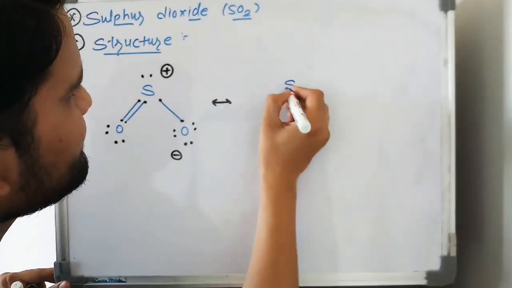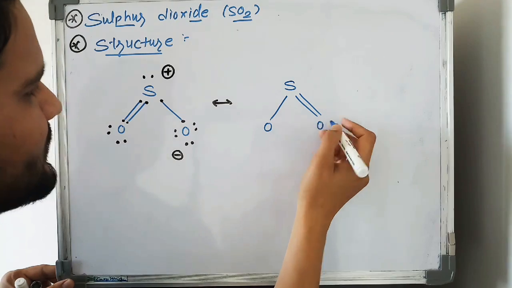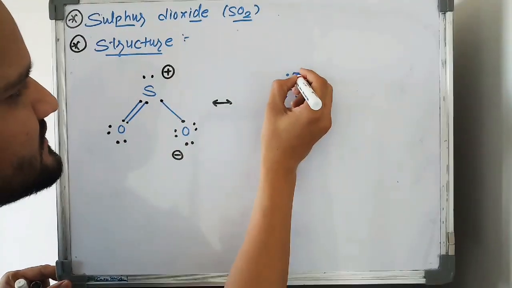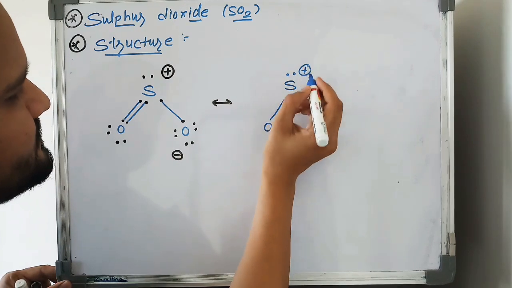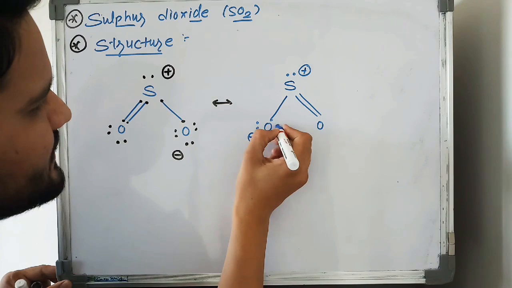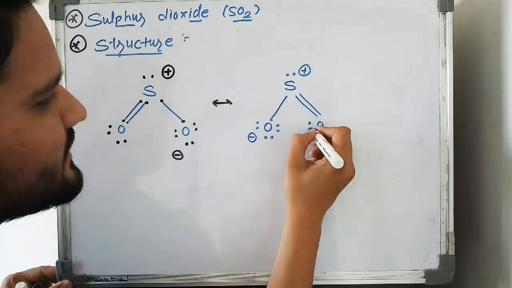Resonance structure. In the resonance structure, only the single bond gets converted to double bond and double bond gets converted to single bond. 1, 2, 3, 4, 5, 6, 7, because it gained 1 electron.